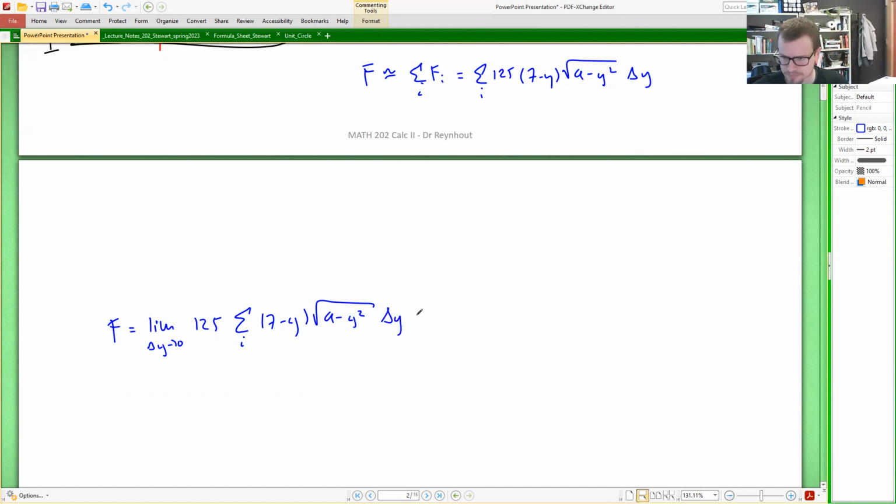Excellent. So this is going to give us the integral, right? When I apply that limit process, I get the integral of 125 times 7, not 17 there, times 7 minus y times the square root of 9 minus y squared dy.